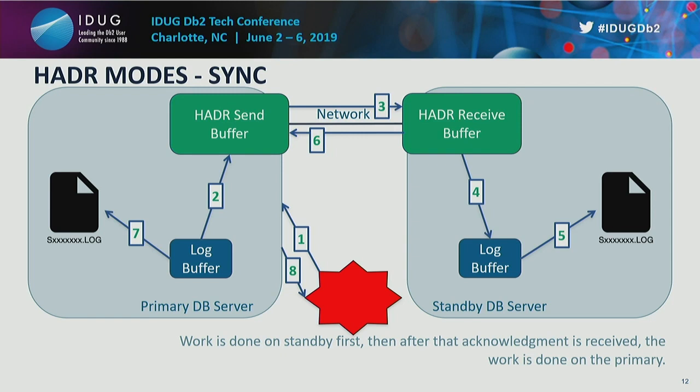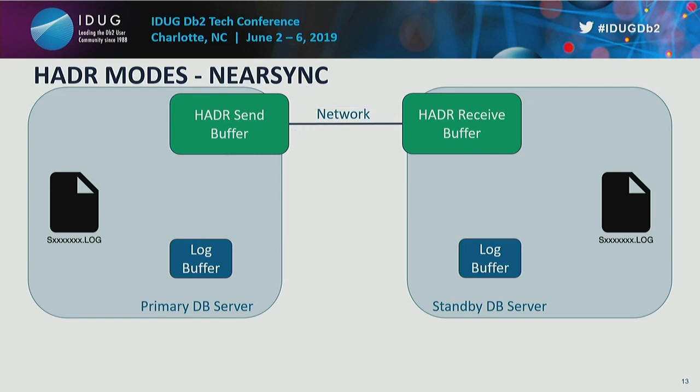So sync is the mode that is most likely to impact your performance. But with sync, you have it guaranteed that it has made it to disk on both database servers. So there is no risk of data loss with sync. Any questions on sync? Okay.